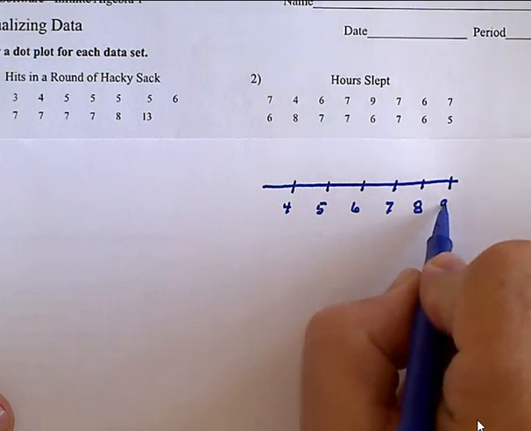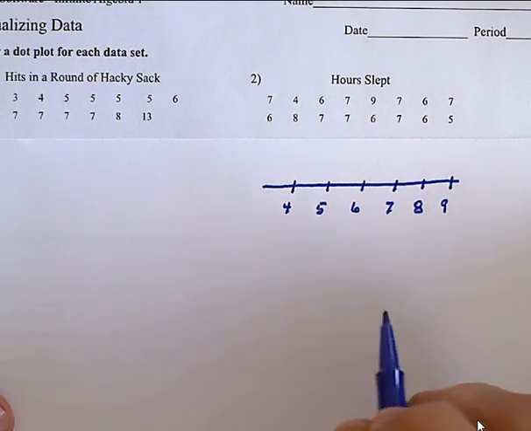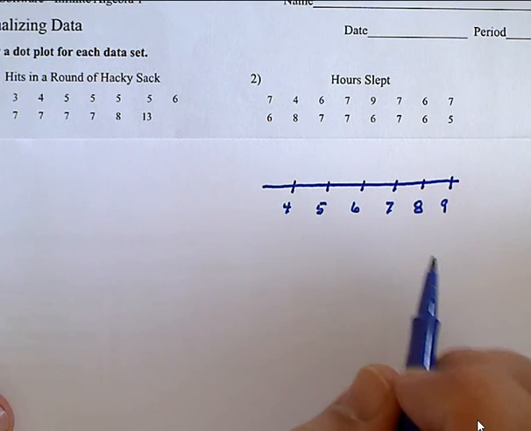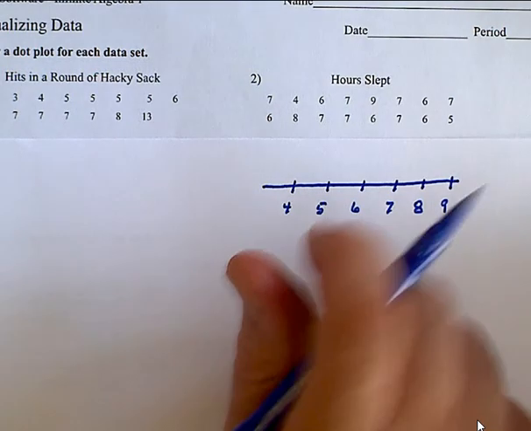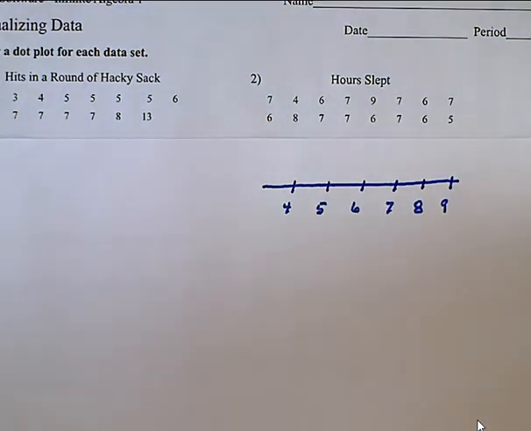Okay, now just go through the list one at a time and take the numbers, and create dots above those numbers everywhere you see one.